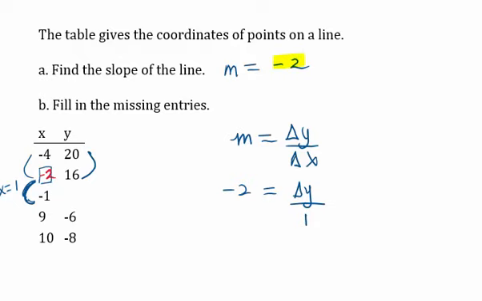And luckily, this equation is easy to solve because if I just multiply by 1 on both sides, I still get that delta y is negative 2. And now this tells me how my y should change. So subtract 2 from 16 to get this missing y coordinate of 14.